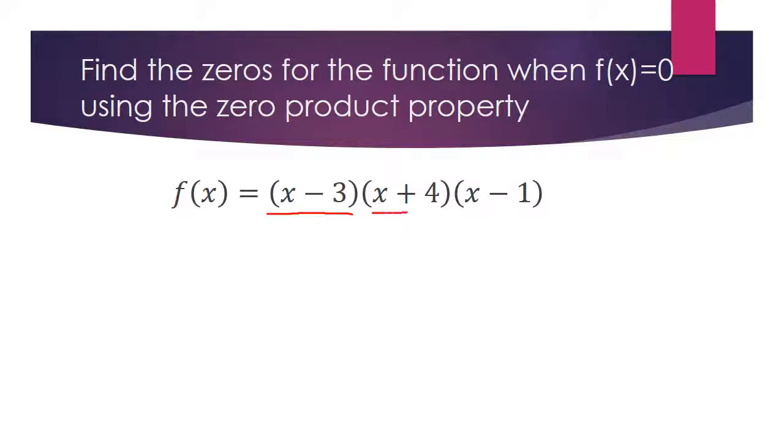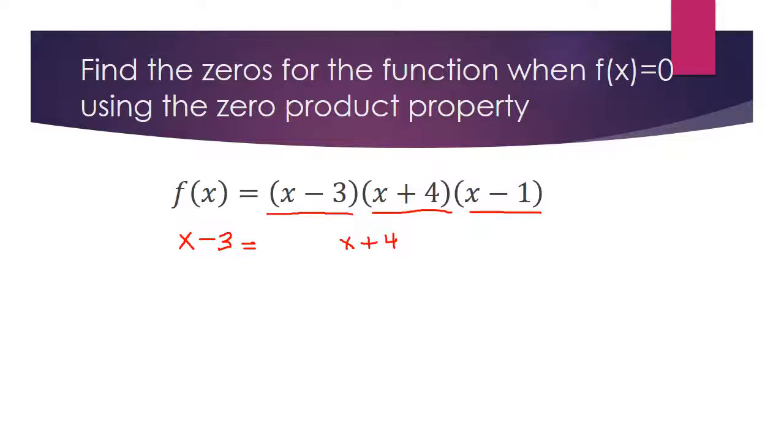Most likely you're going to end up with 3 factors. So using the zero product property can help us get these zeros or the solutions for the cube function by setting each factor equal to 0.